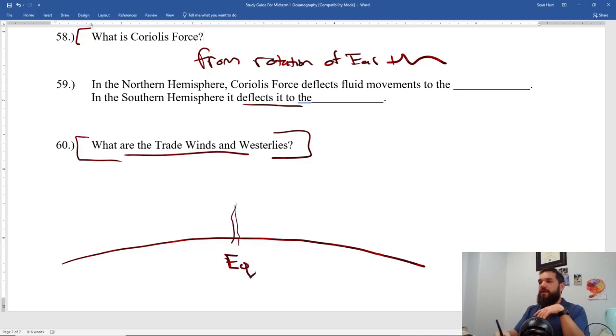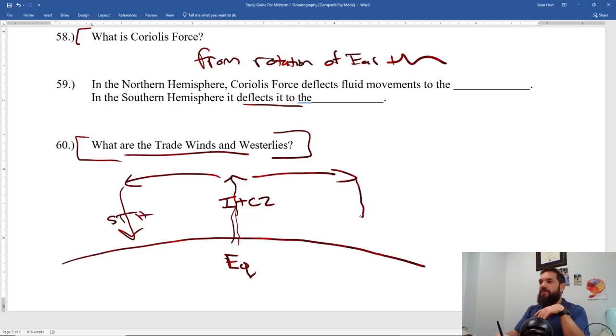You have the air moving up at the ITCZ, and it goes either north or south. It comes down at the STH on either side of the equator, either hemisphere. That's about 30 degrees. And from there it goes like that, and that creates the trade winds.